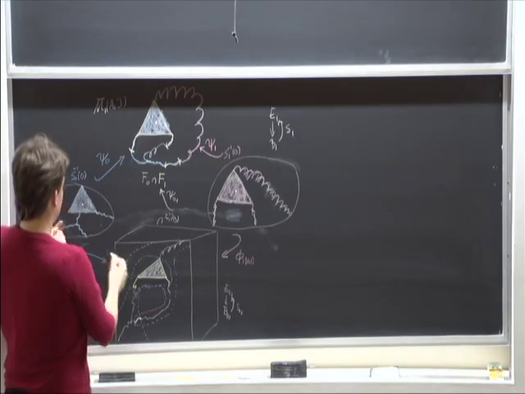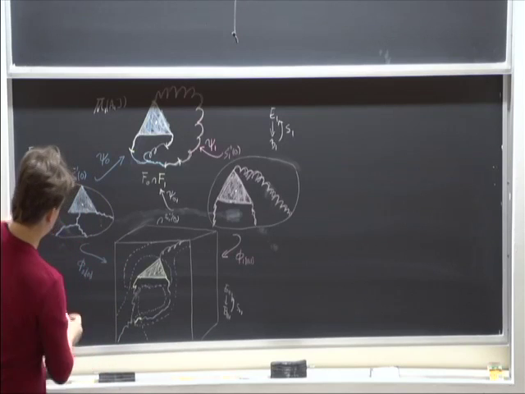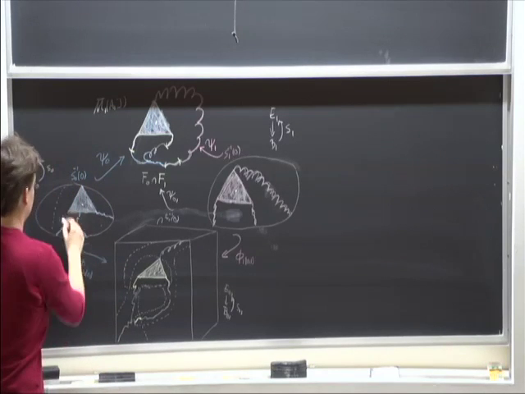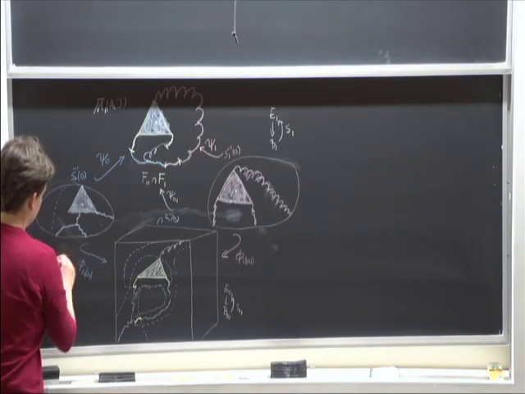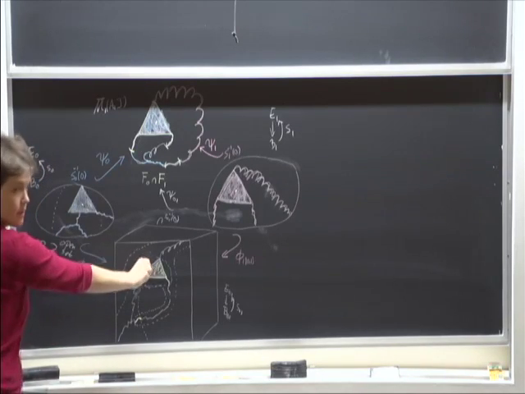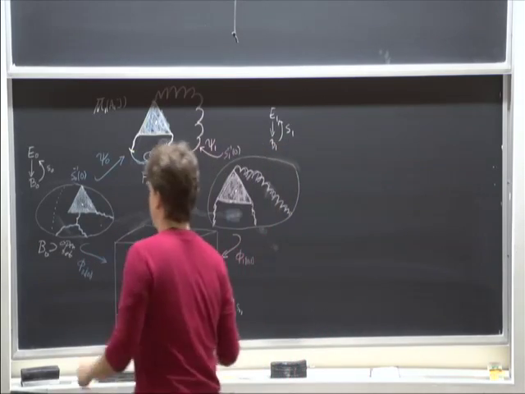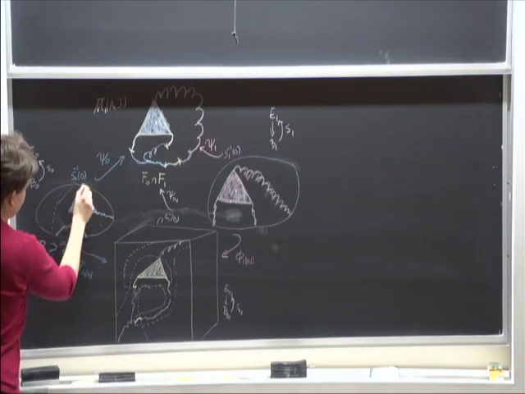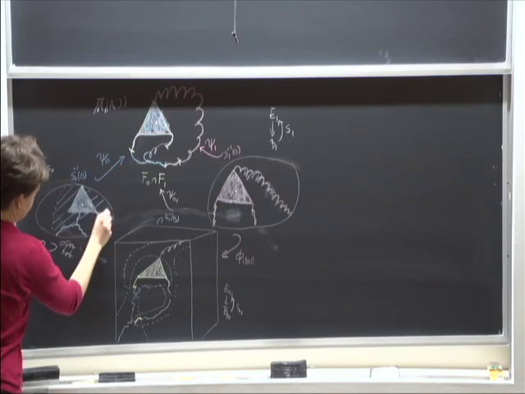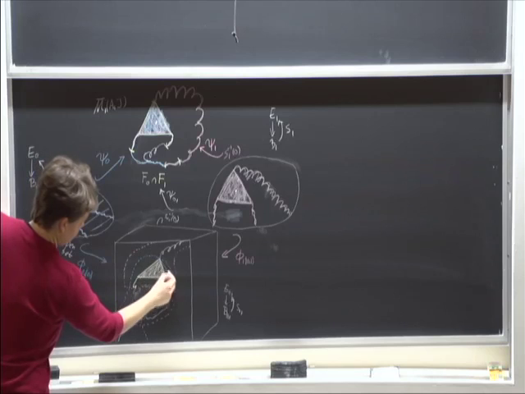And now I'm going to say that these two charts are compatible if I can embed the entire base, or some open set actually. So there's some open set in B0 that I can embed in here. In this case, here's an open set, and it gets embedded into an open set here.